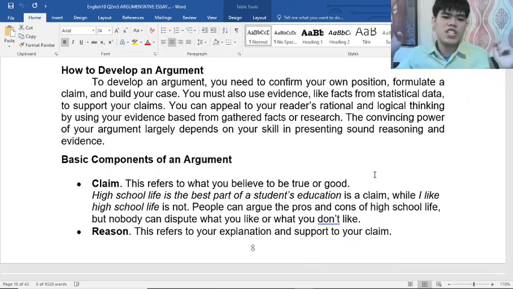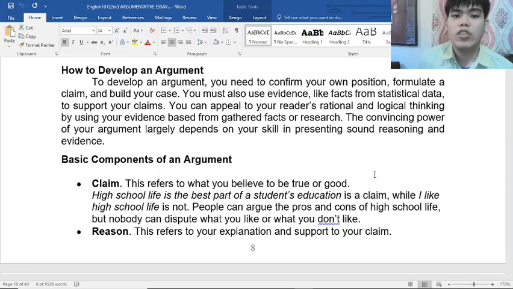So, in summary, when developing your argument, first of all, you need to know your position. Do you agree or disagree? Then have your claim. After that, create your argument. And in creating your argument, you need to have, of course, something to back you up. Evidences.